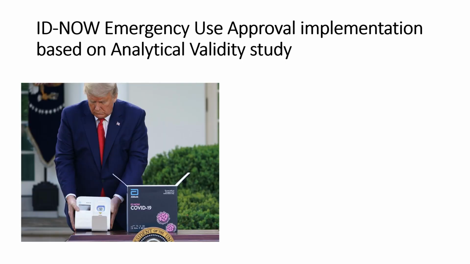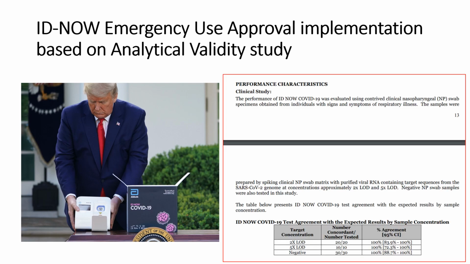So this is an example of that. This is the former President of the United States of America unpacking his ID Now test, his desktop analyzer, which was given emergency use approval by the FDA on the basis of 60 samples in an analytical validity study.